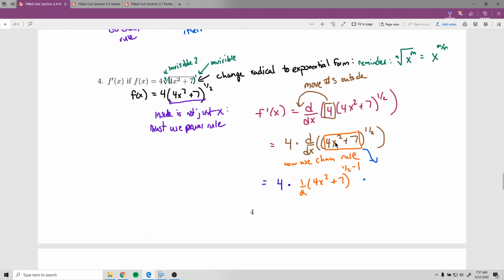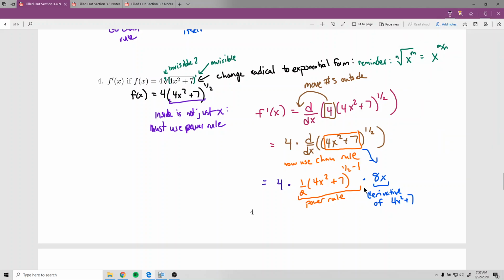The inside is 4x squared plus 7, the derivative of that is 8x. And then the orange part, just to really annotate everything, that's the power rule that we did here. We don't want to forget the chain rule part.